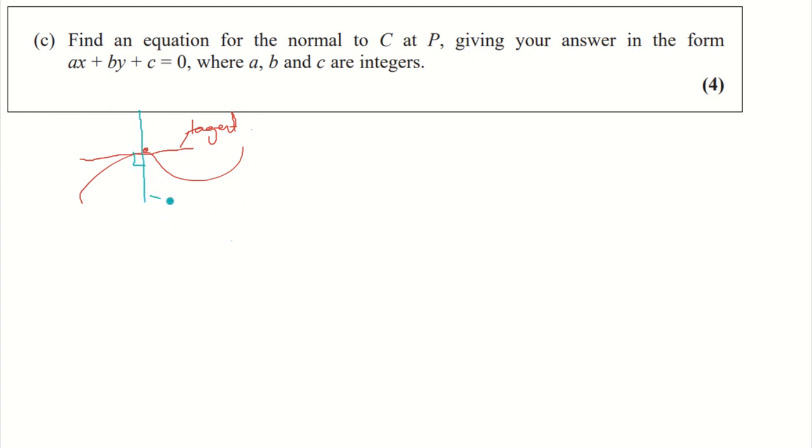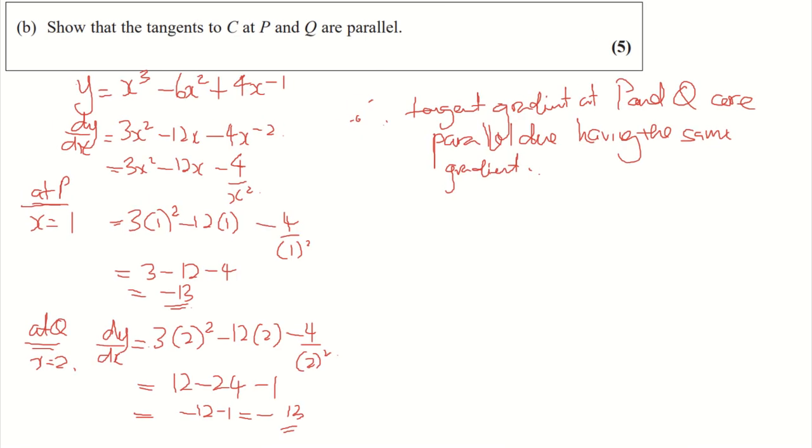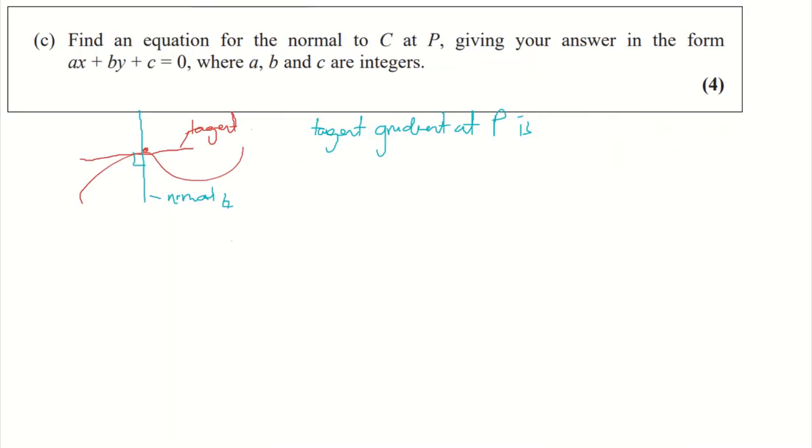So we already have the tangent gradient at P to C, which is minus 13.